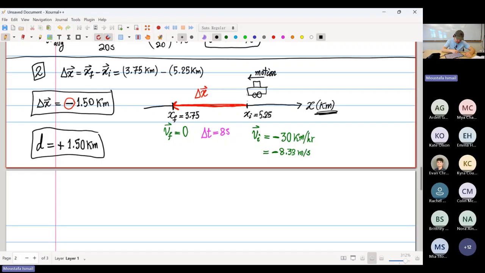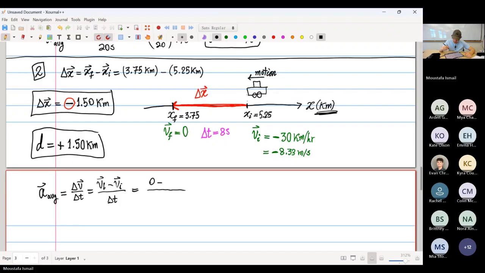From that, we can easily calculate the average acceleration as delta v divided by delta t, v final minus v initial divided by elapsed time. So v final is 0. Note that there are two negatives here now. There is a negative between v final and v initial, and v initial itself is negative.